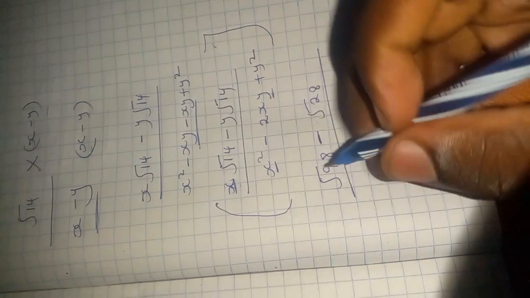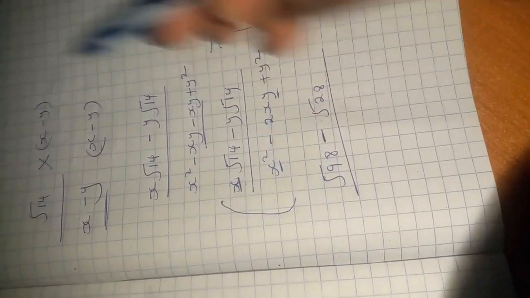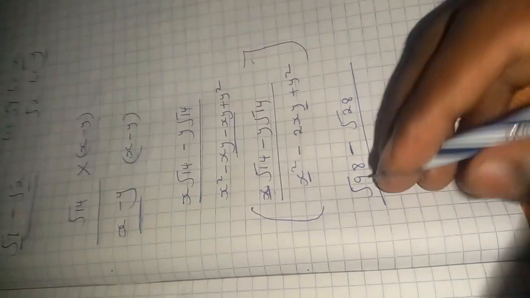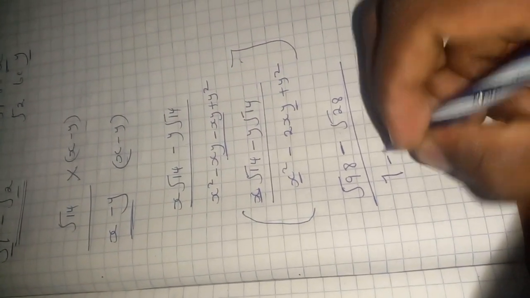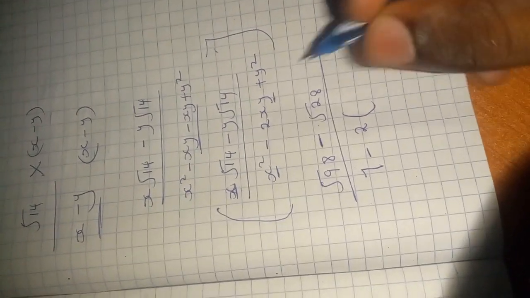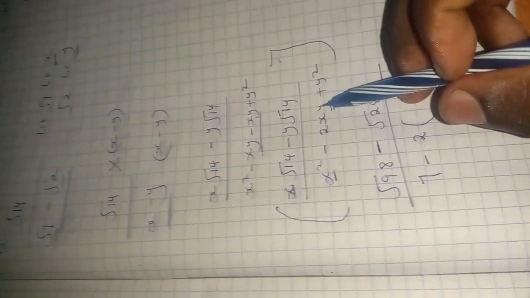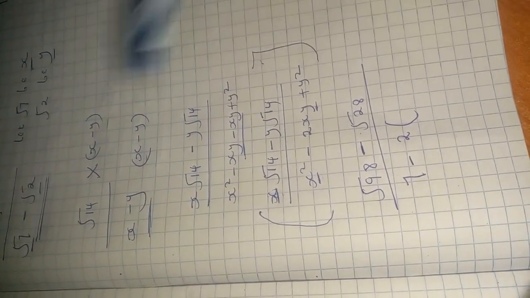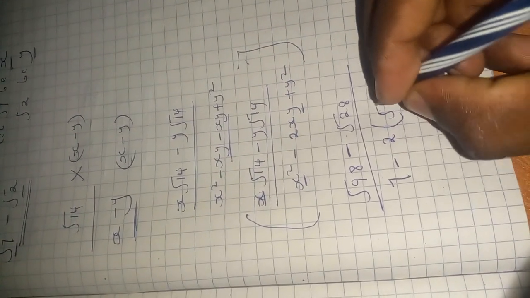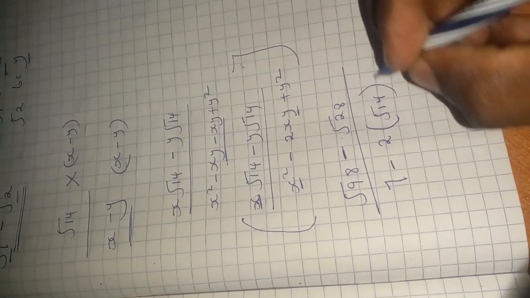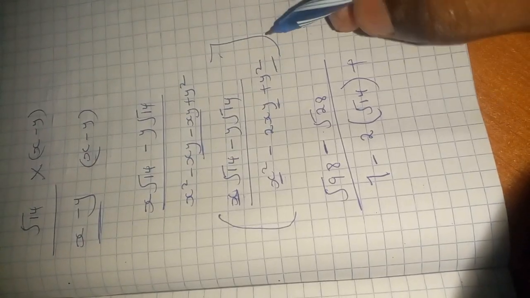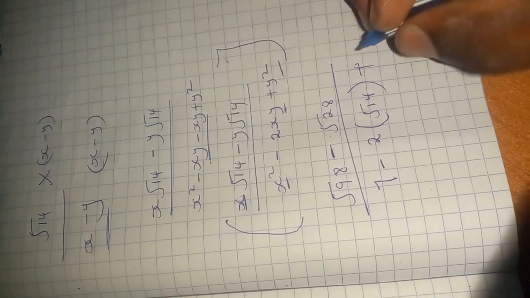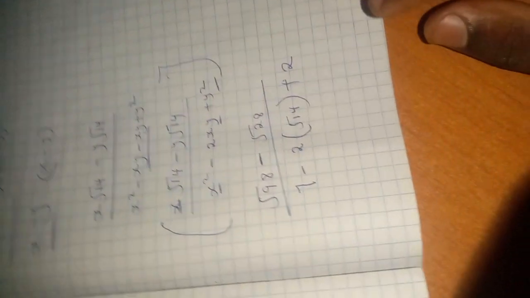Then you divide by the denominator. x squared will be root of 7 squared, which is 7, minus 2 into x multiplied by y, that is root of 2 multiplied by root of 7, which gives root of 14, plus y squared, which is root of 2 squared, which is 2.